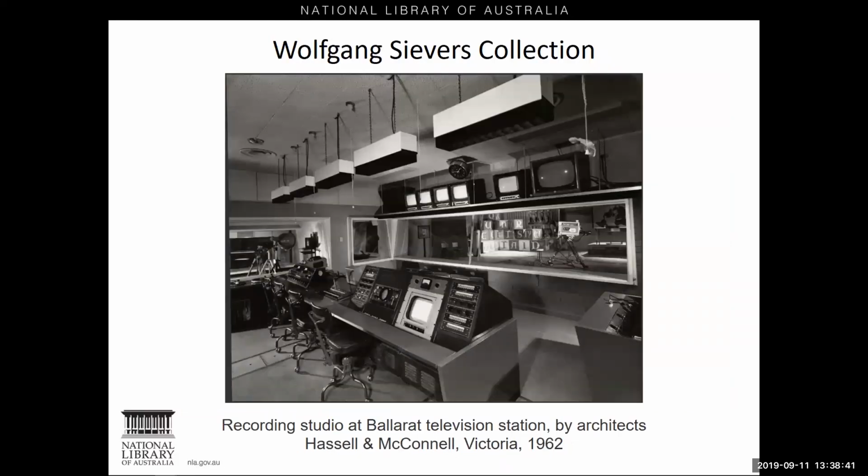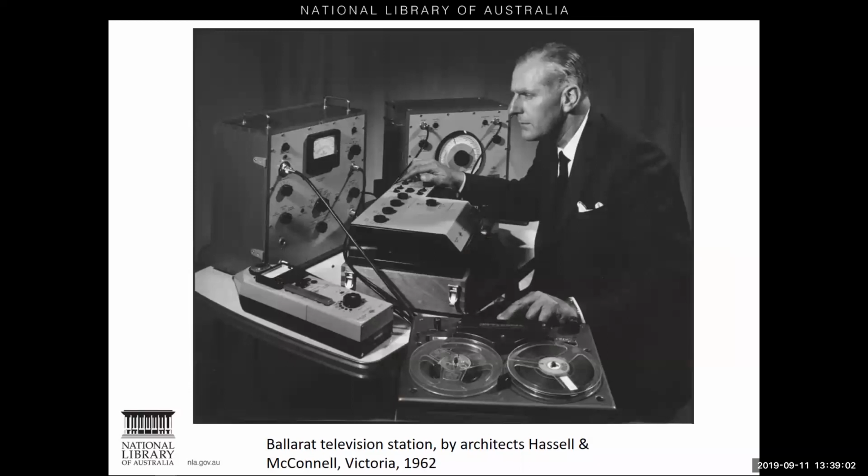Moving on to Wolfgang Sievers now. This is one of Australia's most significant and influential photographers, who specialised in architectural and industrial photography. So we hold over 13,000 photographs and 51,000 negatives of Sievers from 1938 to 1991. Sievers' collection includes important photographs of the early days of television, mainly focusing on the technical setups.